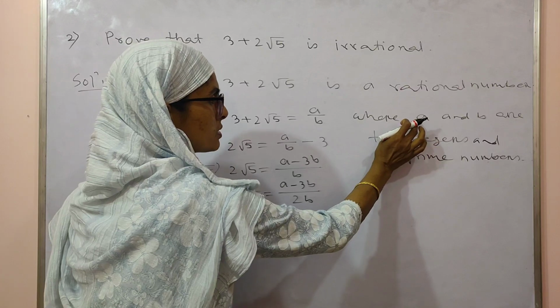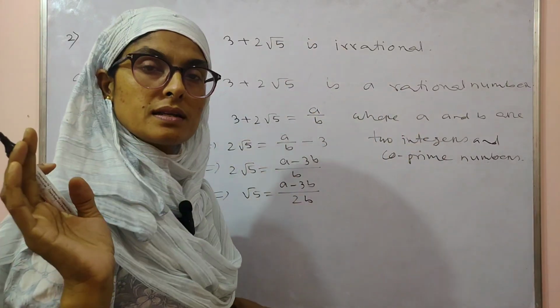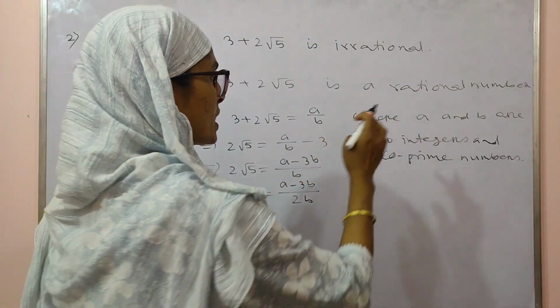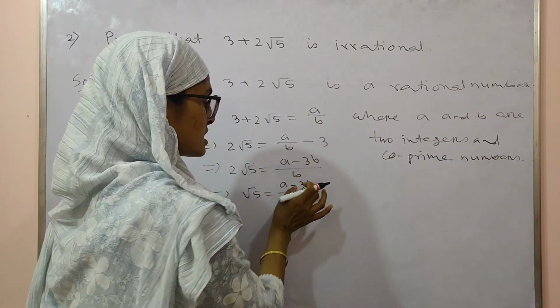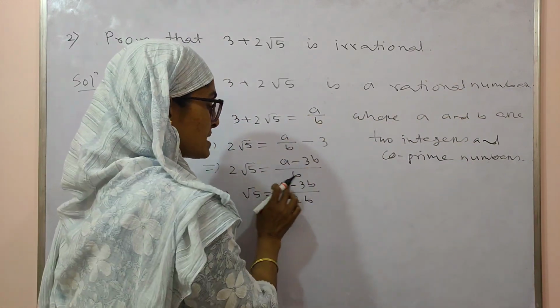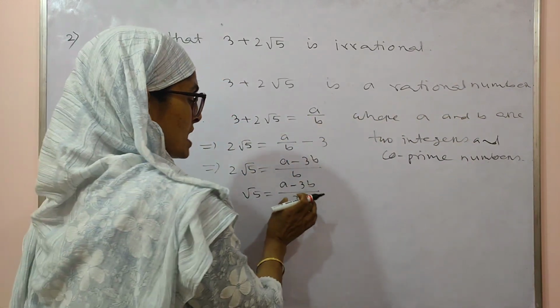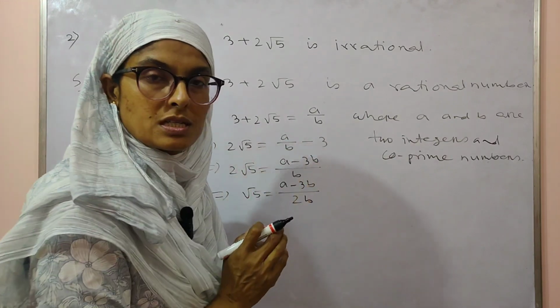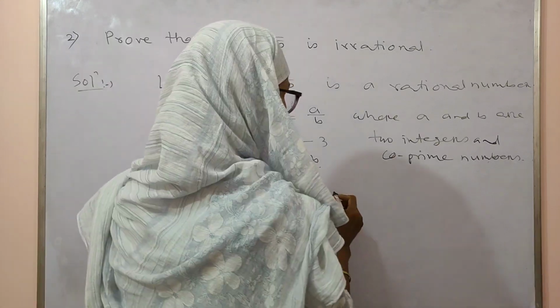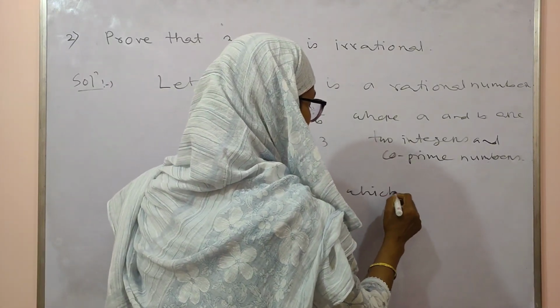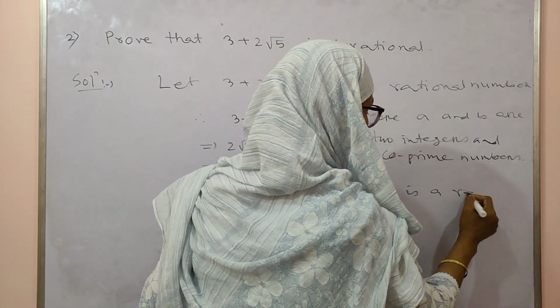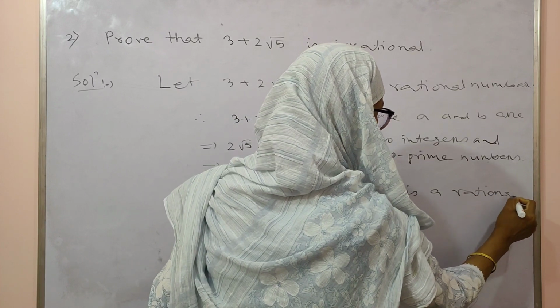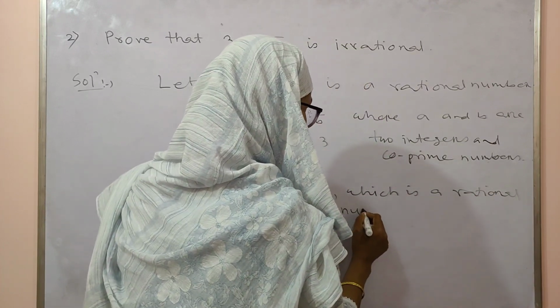Here I took a and b as integers and both co-prime. When a and b are integers, then 3b is also an integer, a minus 3b is also an integer, and twice b is also an integer. That means this one is an integer and this one is an integer. So this is a rational number.